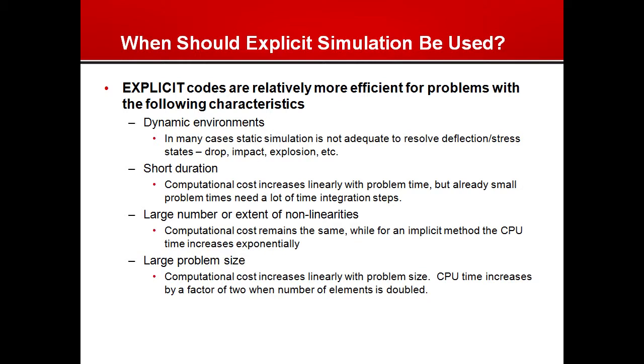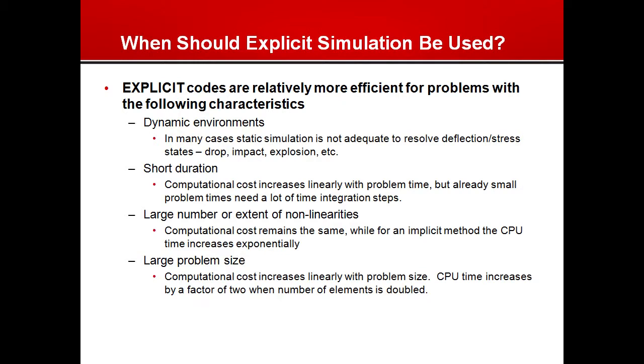As you get longer and longer, it may not be all that practical, because each one of those takes a lot of calculations. Implicit dynamic simulation in that situation may be more appropriate. But there are a lot of situations, exactly what we're talking about here, short duration dynamic events, that make it very appropriate for explicit dynamic simulation.